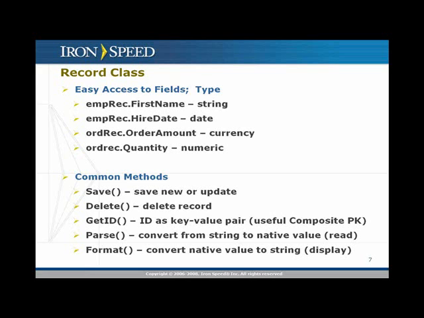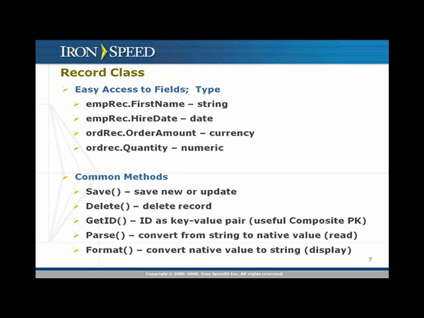It will correspond to a string data type in VB.NET or C#. Similarly, if you've got a date time field or a date field in SQL Server, we will create a date field whose data type will be date, and currency and numeric and so on and so forth. So the object that you get is strongly typed.